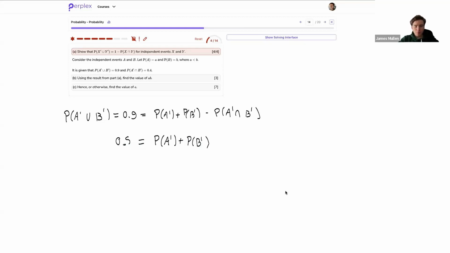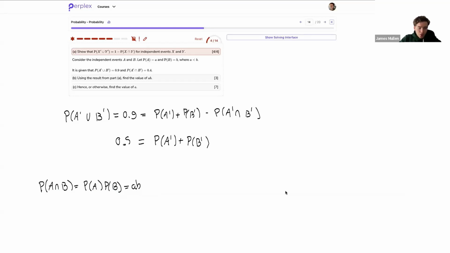And then what can I do? Well, I'm trying to find the product of A and B, which is basically the product P of A, P of B. And how do I relate that to what I have? Well, I should probably write over here, let's remind ourselves that P of A intersection B is equal to P of A, P of B, because the events are independent, so that's equal to AB.